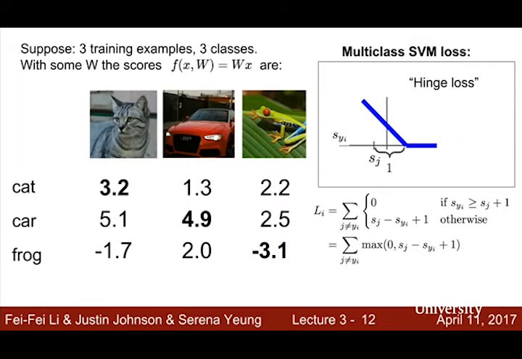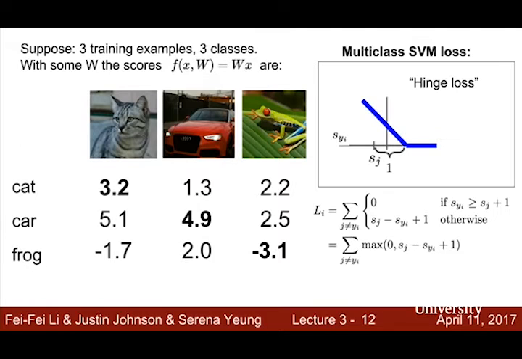This if-then statement, like if the true class score is much larger than the others, we often compactify into this single max of 0, s_j minus s_yi plus 1 thing. But I always find that notation a little bit confusing, and it always helps me to write it out in this sort of case-based notation to figure out exactly what the two cases are and what's going on. And by the way, this style of loss function, where we take max of 0 and some other quantity, is often referred to as some type of a hinge loss.